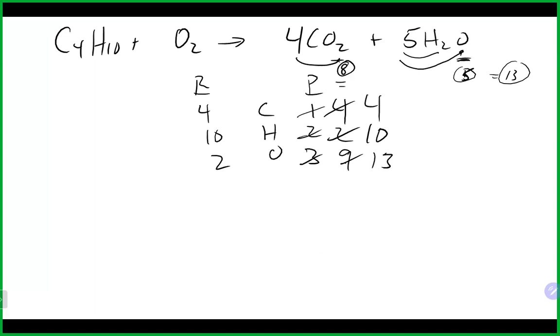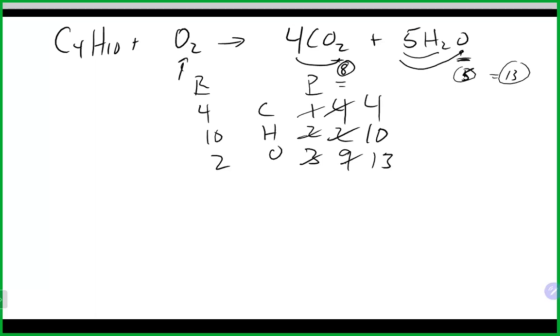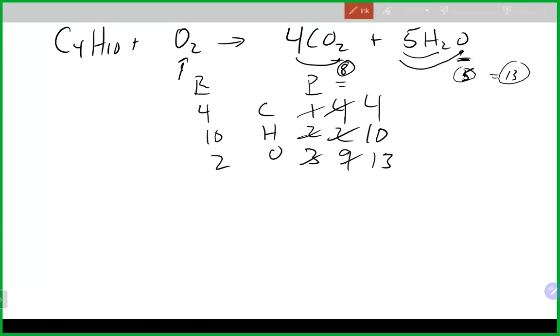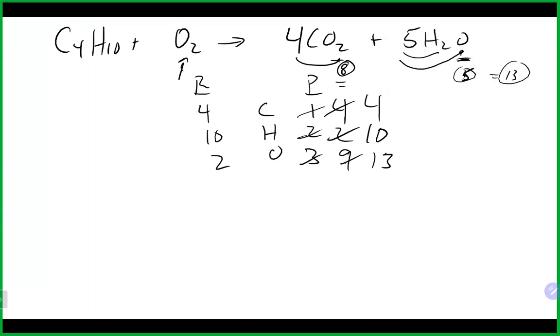At this point, we again have a situation where we really want to come over here and put our 2 basically into a 13. This is definitely a fraction situation. Once again, to do the fraction, up on top is the number we need, which is 13 in this case. On the bottom is the number that matches here, which is 2. And that gives me my proper fraction that I want.